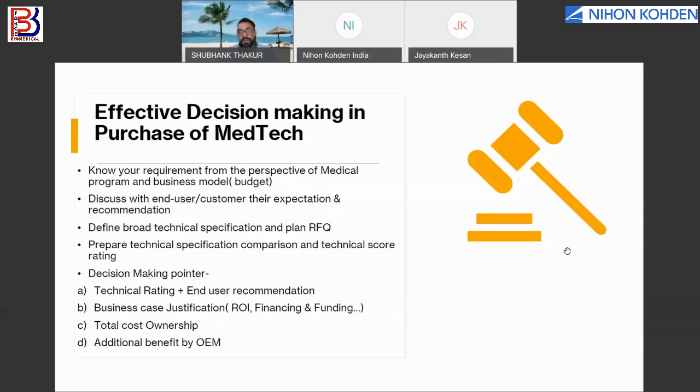This is very important whether you are working in a hospital or on the vendor side. But this slide is more towards working at the hospital side, where technology adoption is a function of purchasing: what you have to purchase, why, when, and how you have to purchase. These are the decisions where biomedical engineers play a very strong role.